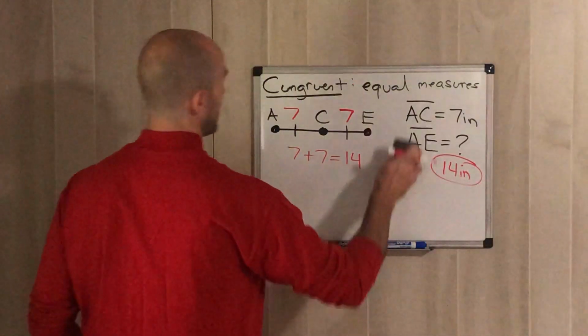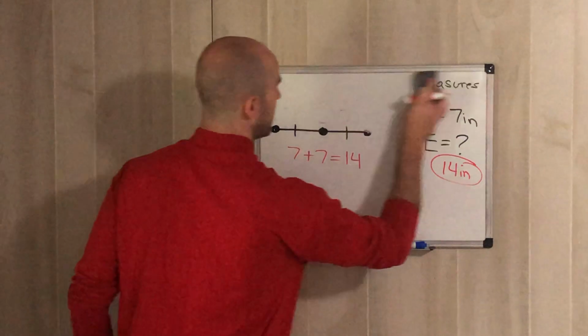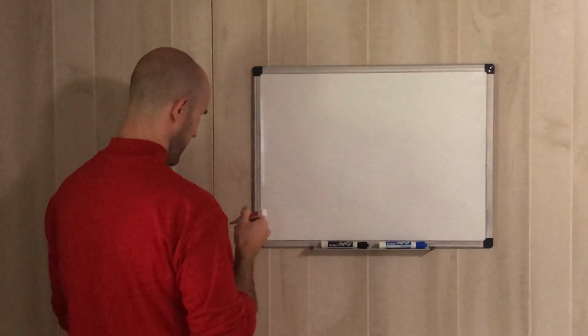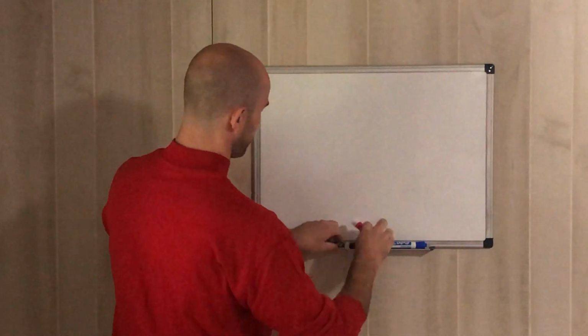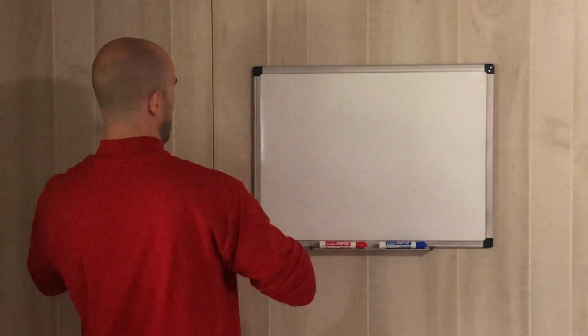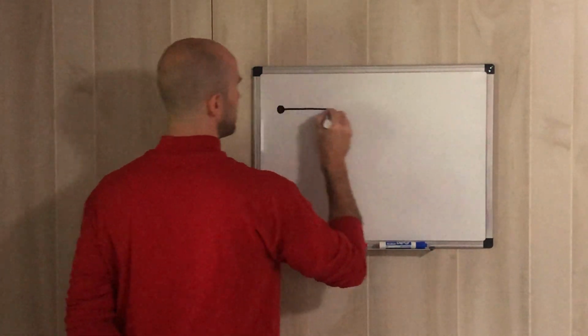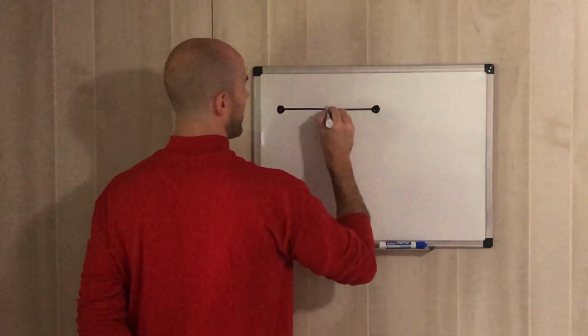And now the last one that I want to show you guys is, let's say I wanted to find a part. This is where you've got to be a little bit careful, and again, it's just thinking for a second. Let's say I had this endpoint right there, that endpoint right there.